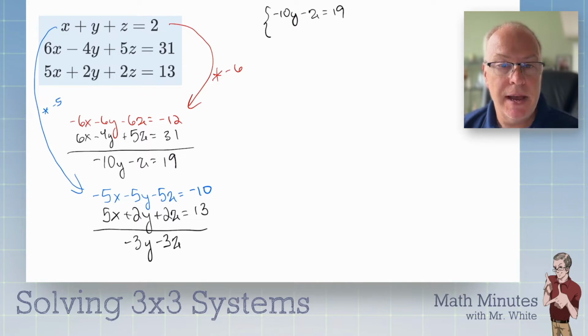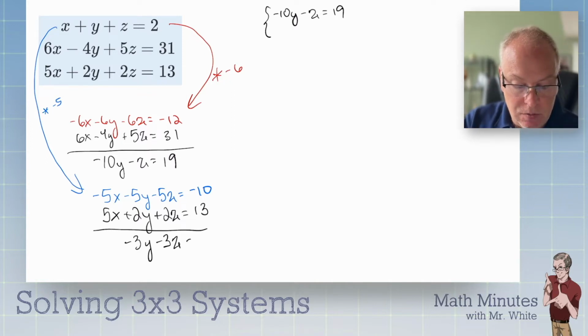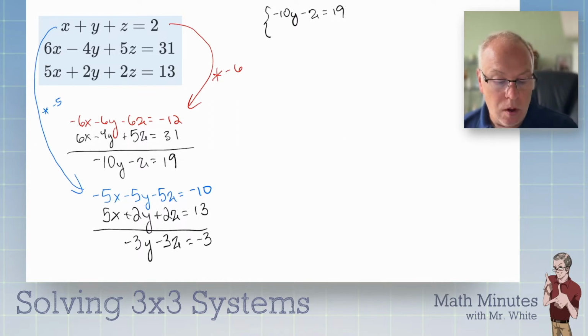Negative 3y minus 3z equals negative 3. And by the way, if you want, you could actually divide everything there. I'm just checking my work here. I feel like something went awry, so I just want to double check, folks. Multiplying by negative 5. Yep, everything looks good.